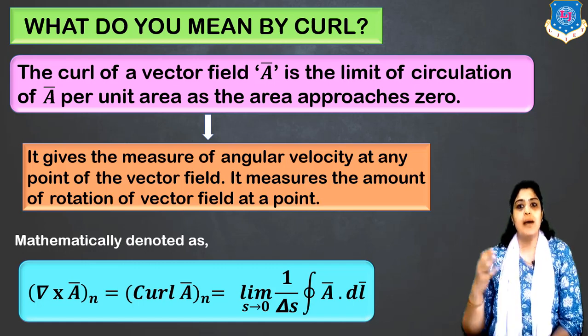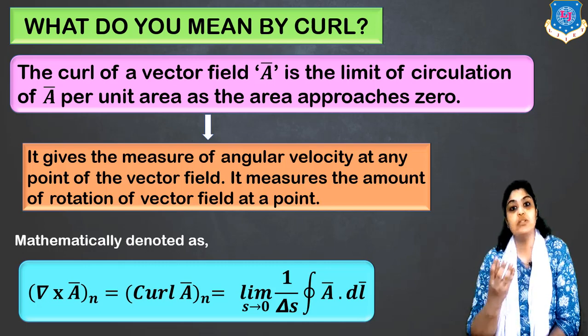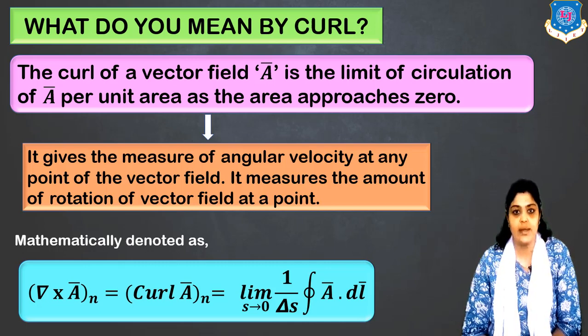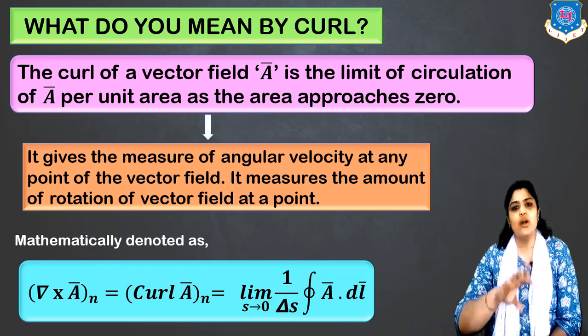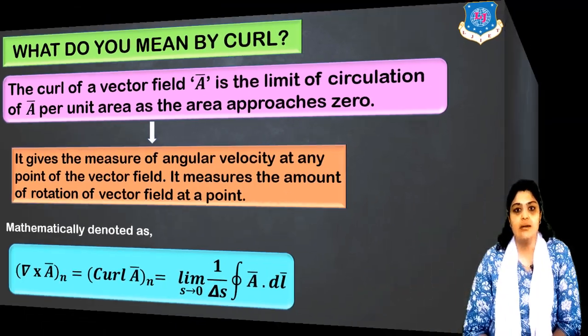This was about curl, which is a quantity that demonstrates the swirling action of a quantity with respect to the rate of change in another quantity. So we have discussed what gradient is, the meaning of divergence, and the meaning of curl.